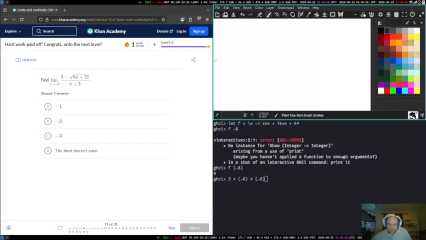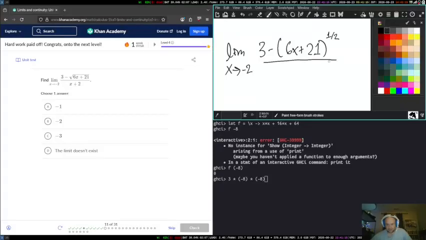So, limit as x approaches -2 of 3 minus the square root, and I'm going to actually write this in calculus-friendly format, (6x plus 21) to the 1/2 power, divided by x plus 2.